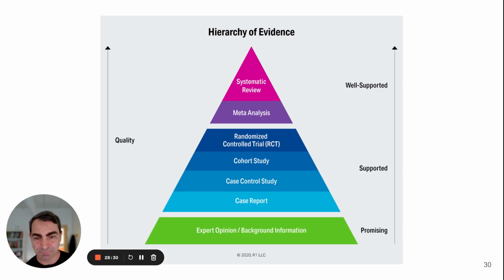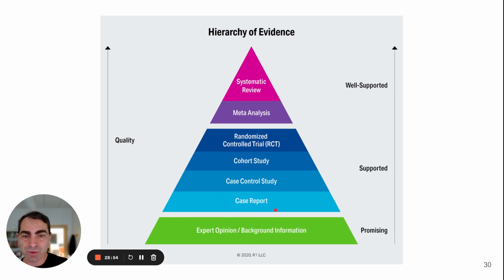One thing that I like to show here is that, for instance, in medicine, there's something called hierarchy of evidence. This is not the only way to look at evidence, it's one example that I found. You can go from something that is just expert opinion, background information, and it gets better and better in terms of quality.